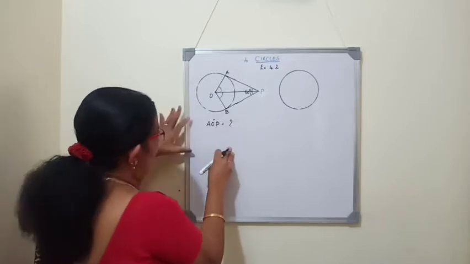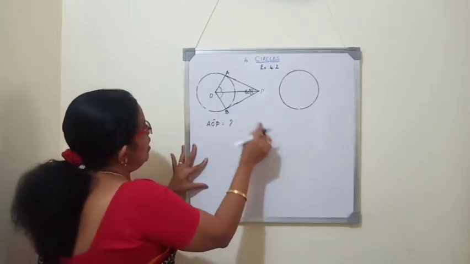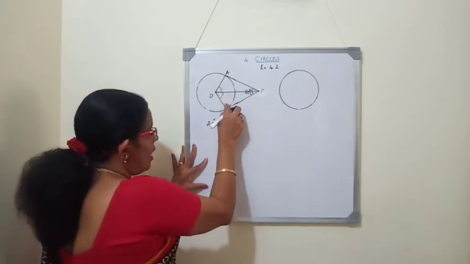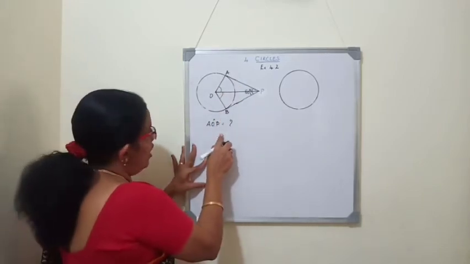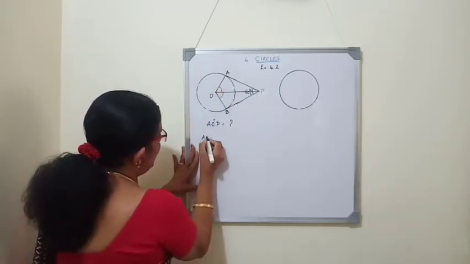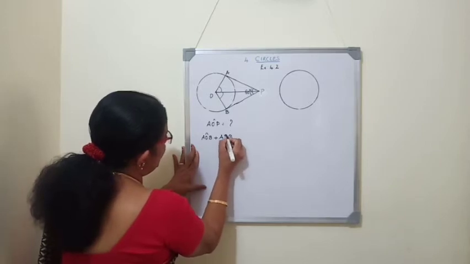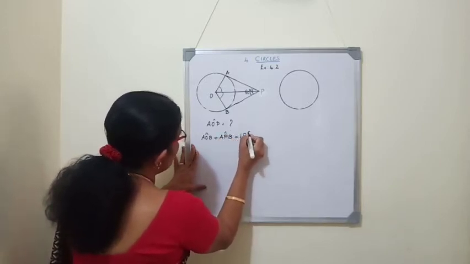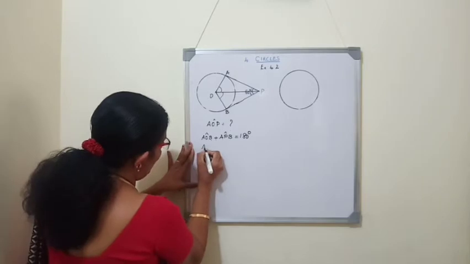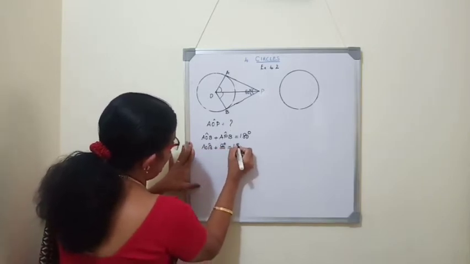So first we will find out angle AOB. As I told you in the last question, angle A and angle B are 90 degrees by theorem 1. Therefore, it's a cyclic quadrilateral. Angle AOB plus angle APB is equal to 180 degrees. So AOB plus 80 is equal to 180 degrees.